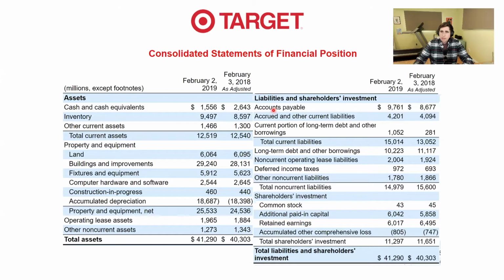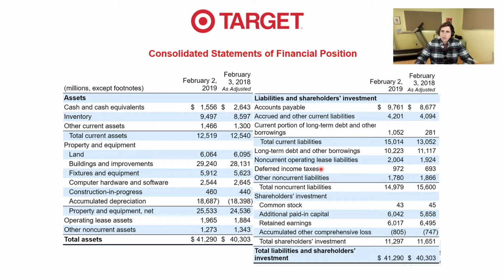And then if you turn to the liabilities section, it's not really clear where all of it is held. In terms of current lease obligations, it turns out to be held in two accounts. They keep their operating lease obligations in this accrued and other current liabilities caption. They keep their capital lease obligations, or finance lease obligations, finance lease is the new term, in the current portion of long-term debt and other borrowings.